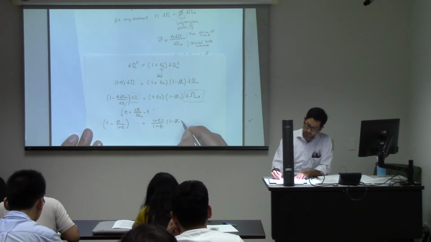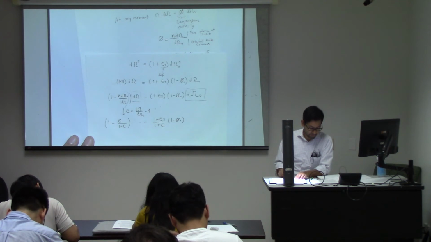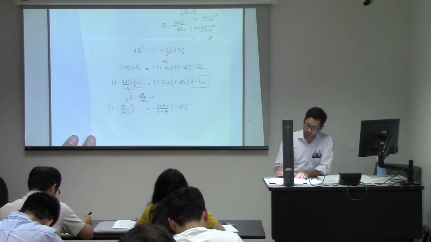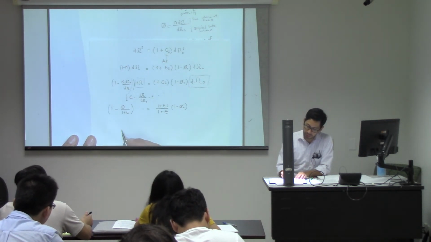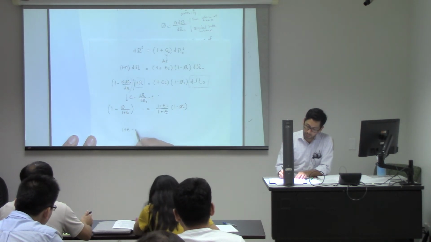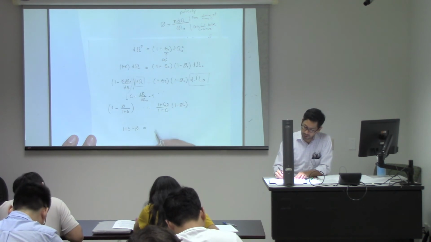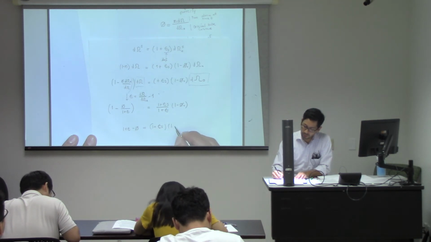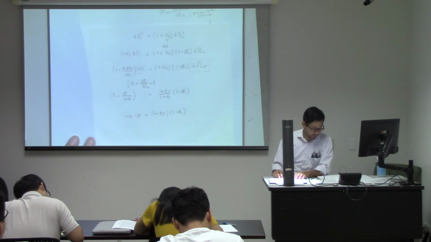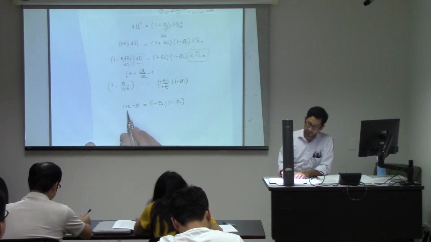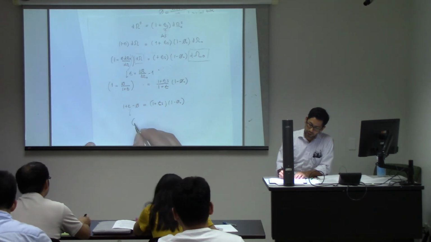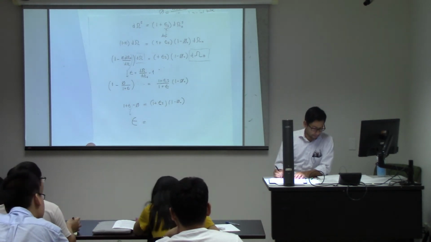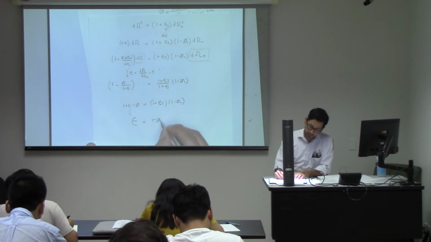1 minus the porosity. And if you do the common denominator over here, you will see that it's going to be 1 plus this minus the porosity, and this is going to be 1 plus the solid volumetric strain, 1 minus porosity 0, and after you equate a little bit more, I like to find out what this guy is, and I get the final equation that the volumetric bulk strain is going to be 1 minus porosity.